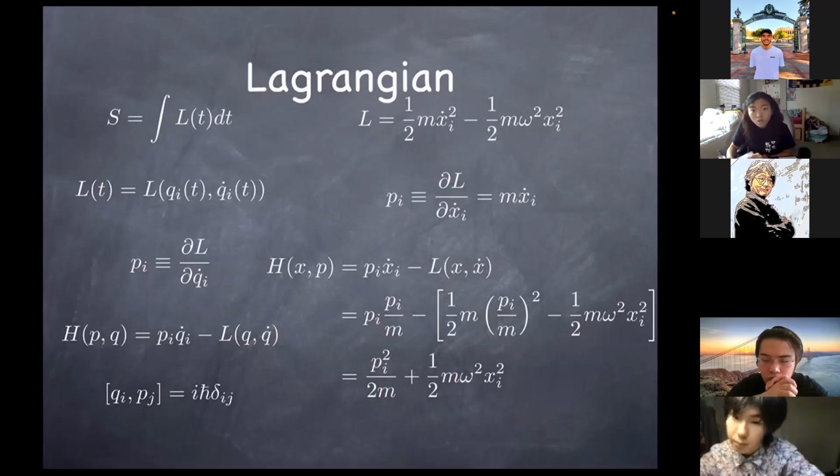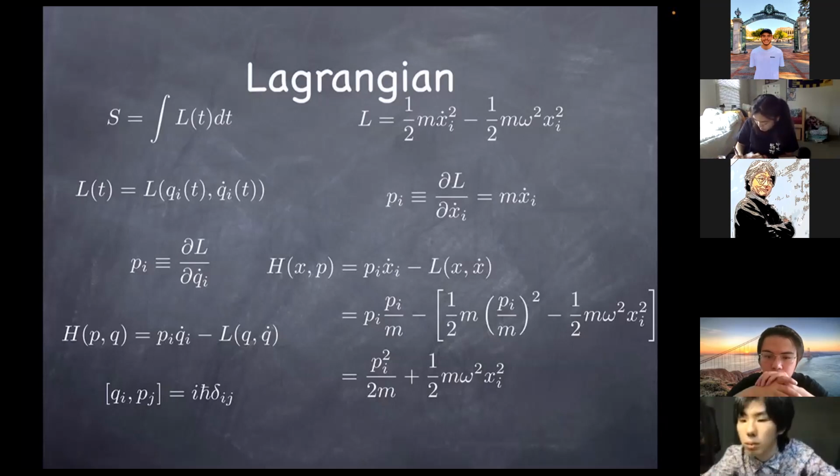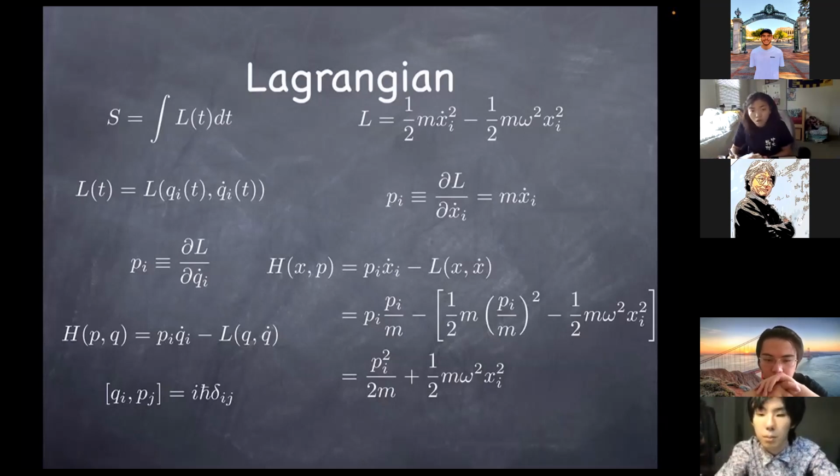So p x dot is written as p times p over m, because what I derived on the second line here on the right-hand side of the slide is p equals m x dot, since that's the x dot derivative of L. So using this, I can rewrite x dot as p over m. That's why p x dot is now p times p over m.